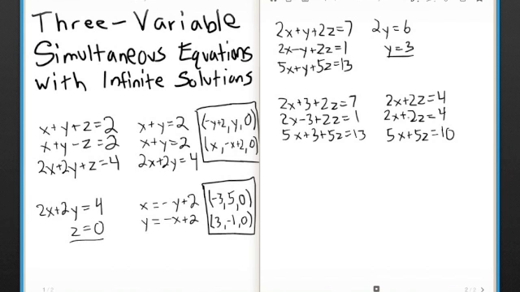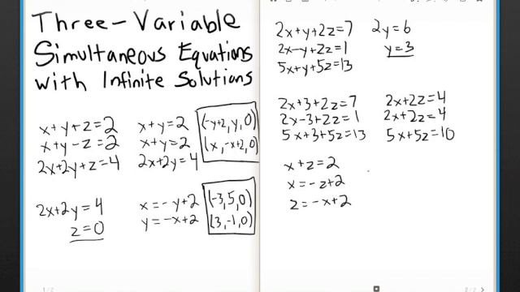But let's use this first equation here, 2x plus 2z equals 4. We'll first divide everything by 2 to make it simpler. X plus z equals 2. And now from here we can easily see that x will be equal to negative z plus 2. Or if we move the x over, we could say z equals negative x plus 2.